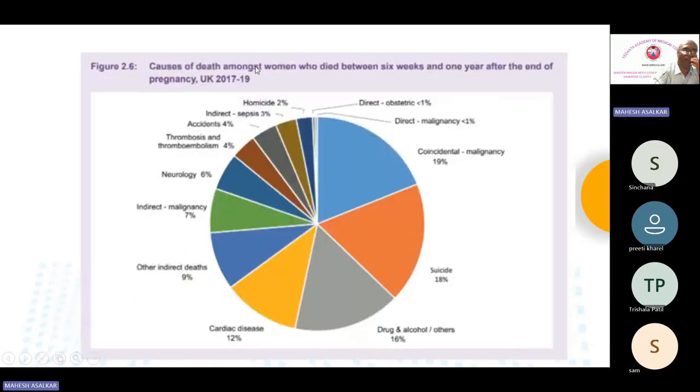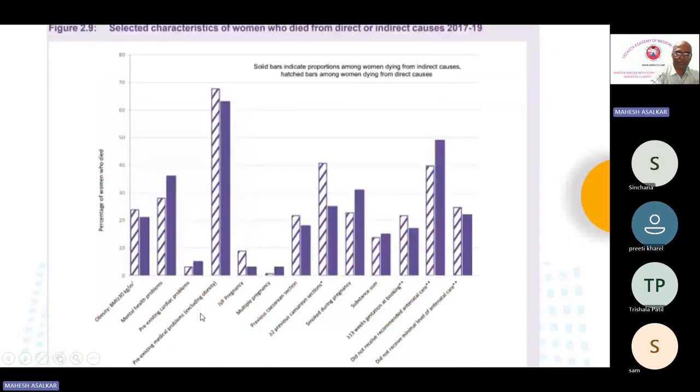Then causes of death among women who died between 6 weeks and 1 year after the end of the pregnancy. Here is the answer to our previous discussion. Between 6 weeks and 1 year, if you are asked about the direct cause, suicide is 18%. Look at all these percentages.